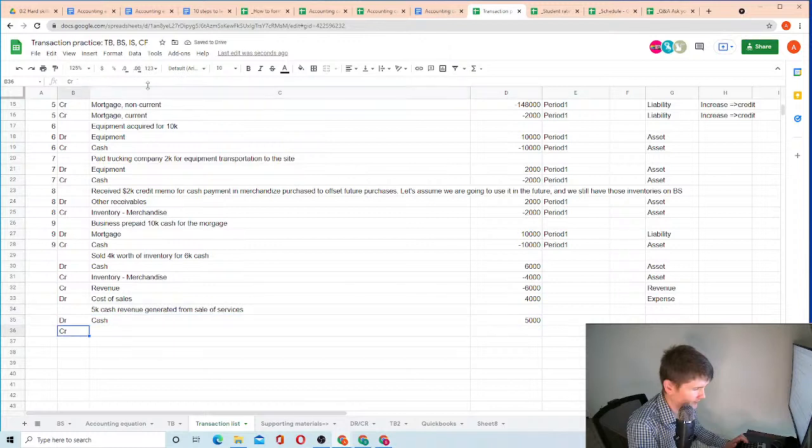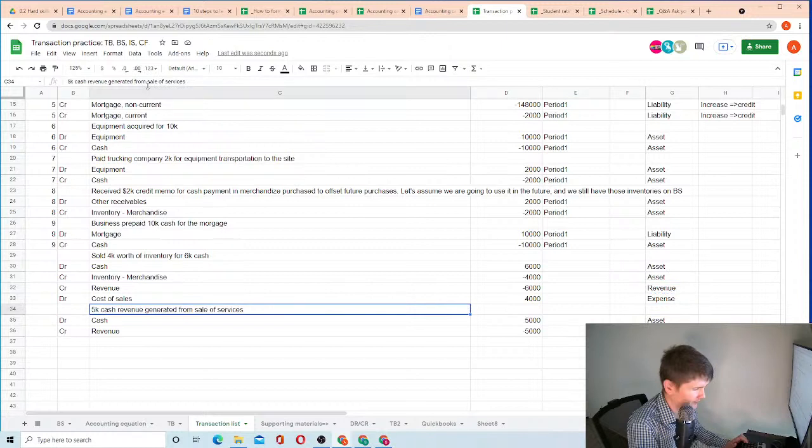Cash 5,000. Debit cash, credit revenue. Okay, assets and revenue. So for example, we did a sale of some services.